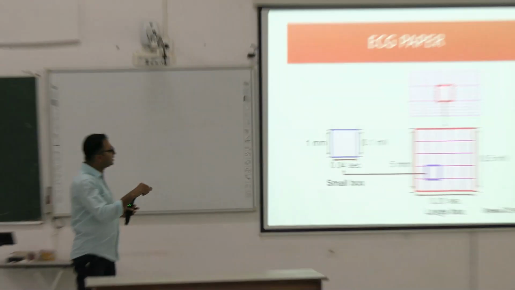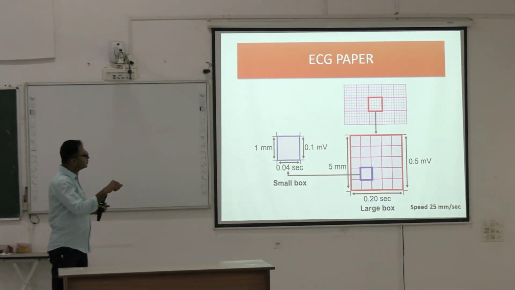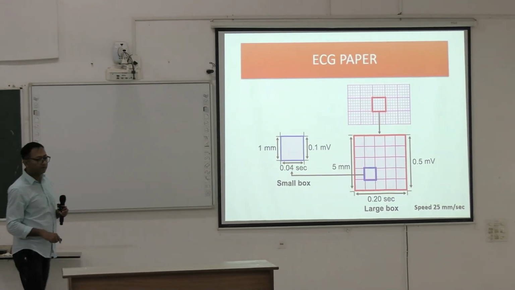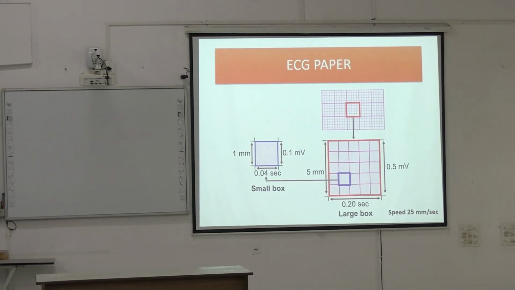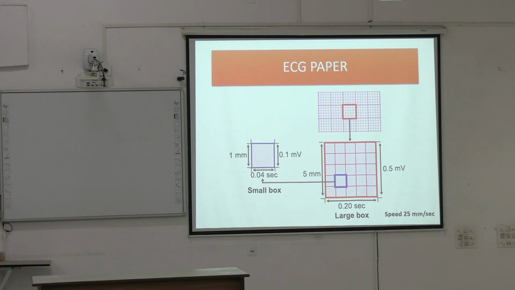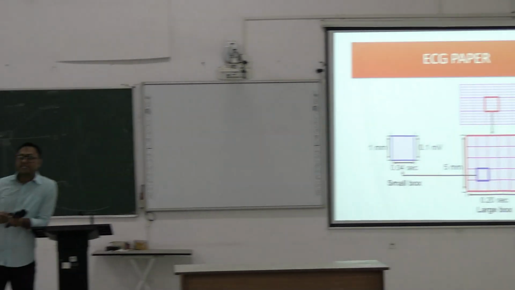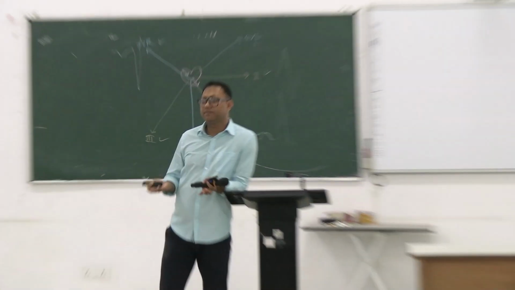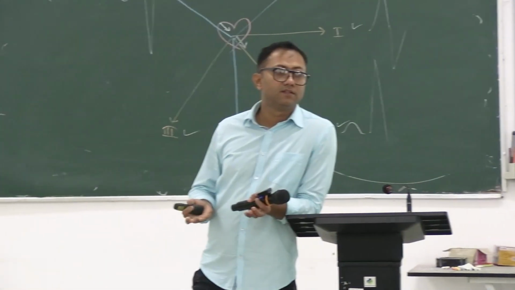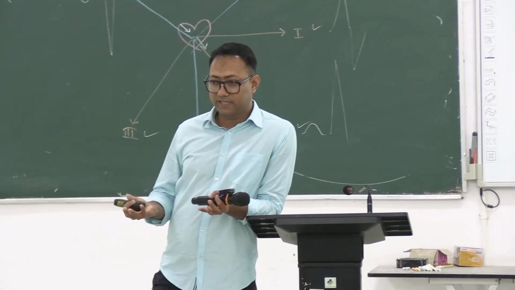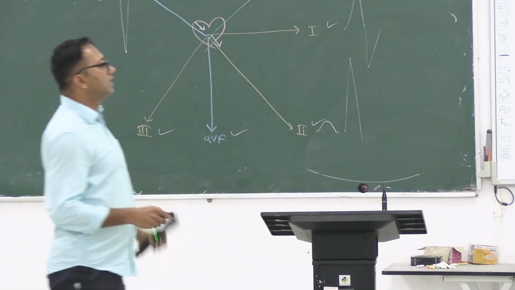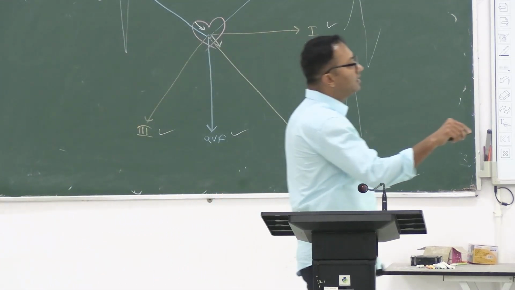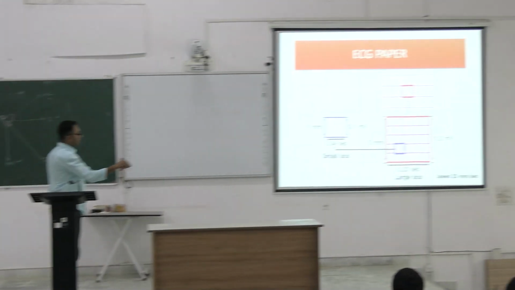So this is the ECG paper. We have very small tiny squares and we have some large squares. Okay, so can you tell me in the ECG what x-axis means and what y-axis means? X-axis is time, simply time, and y-axis is voltage, right? Now you enlarge this large square in this way.